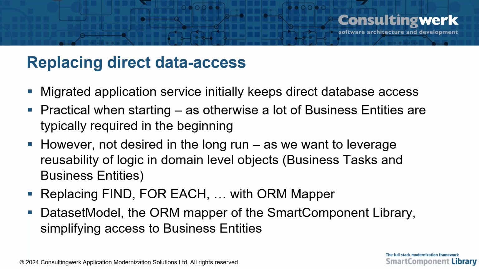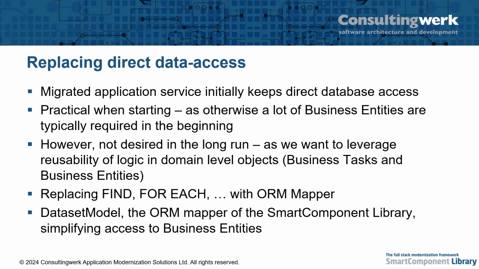The reason why we first start with keeping in the database access is when you start a migration project, typically with a proof of concept, and you look at such a UI, you very quickly need 20, 30, I don't know, whatever number of business entities for master data or control data tables in the database.